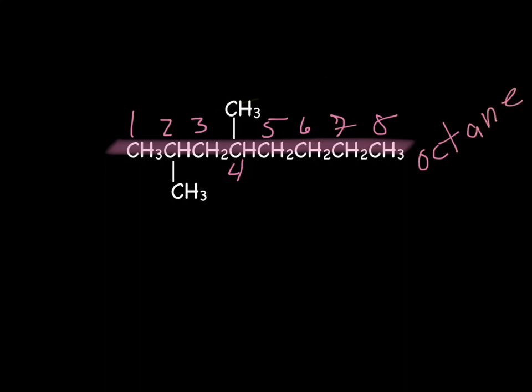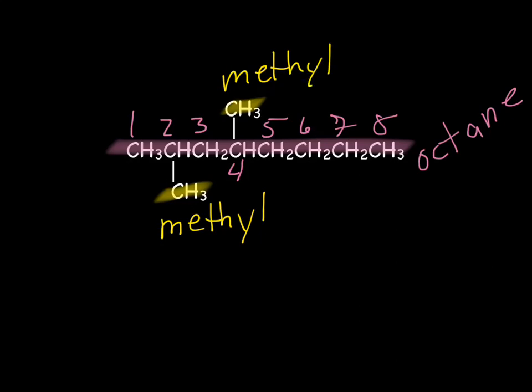All right, and we have 2 branches here, both of them with 1 carbon, which makes them a meth with an -yl at the end because it's a branch. And the one on the bottom here is on carbon 2. The one on the top is on carbon 4.